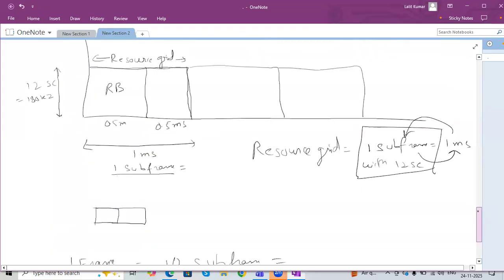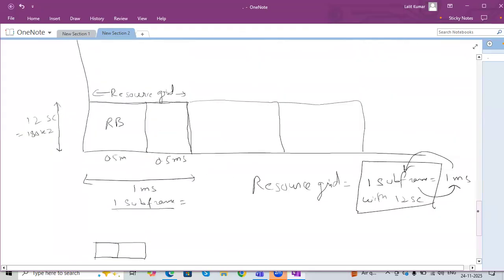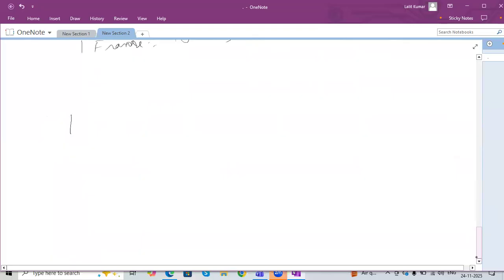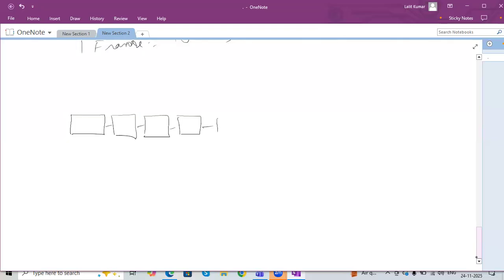You are able to visualize, right? Like 10 subframes, then one frame. For example, one train: if only a single compartment is there, that will not be called a train. That is a single box. Then when 10 blocks, 10 compartments came, we call it a train.